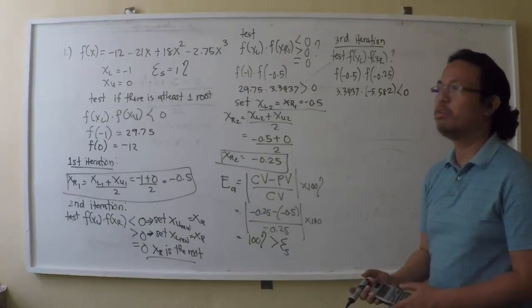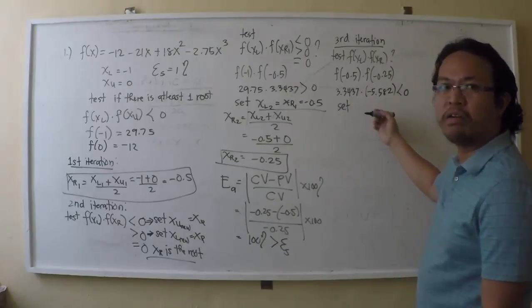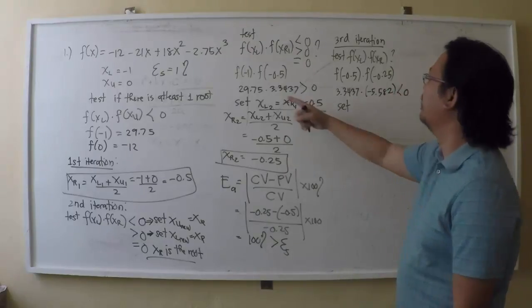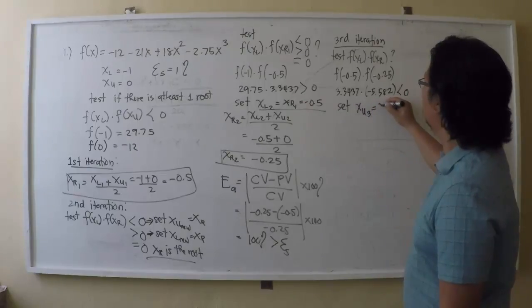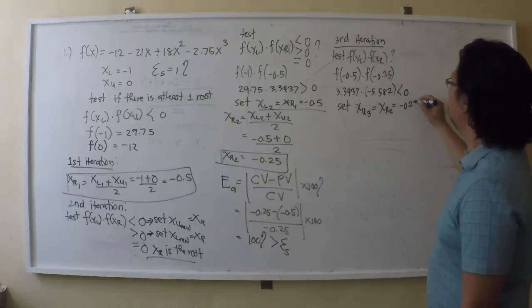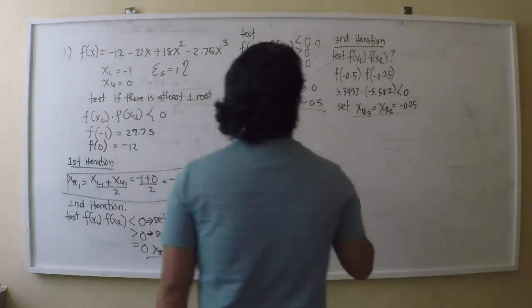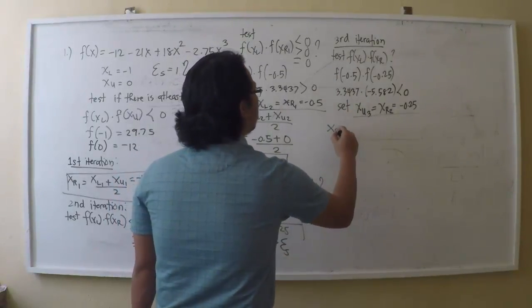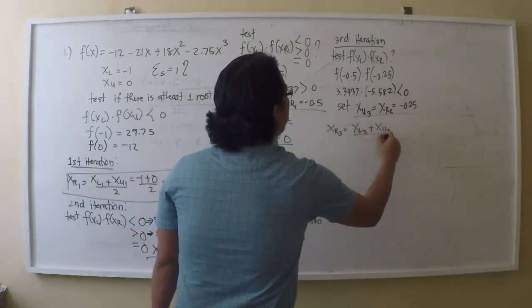And then we will set XR. We will make the XR the new upper boundary. Unlike here, where this is greater than 0, so set XU3 is equal to XR2, which is equal to negative 0.25. So we change the boundary now, and then we can write here for the third iteration, we compute XR3, XL3 plus XU3 over 2.